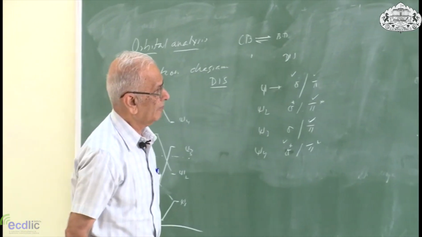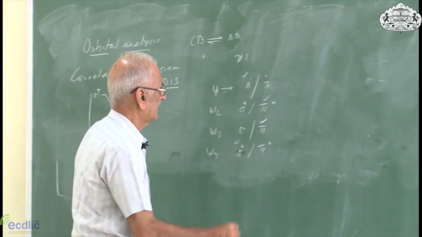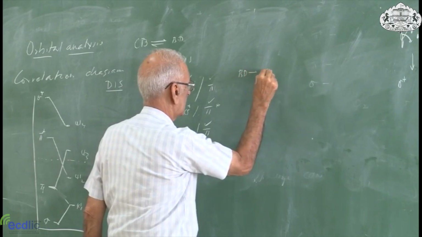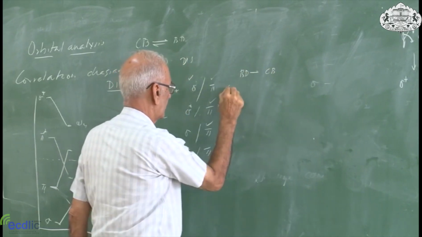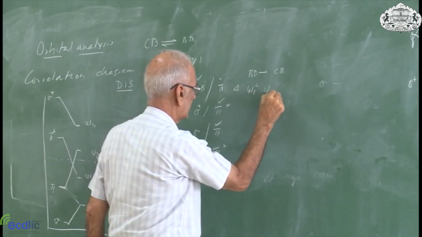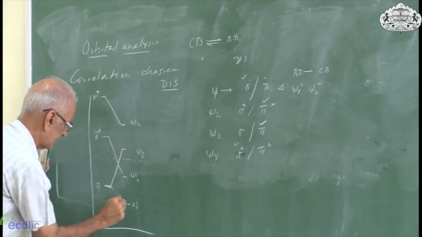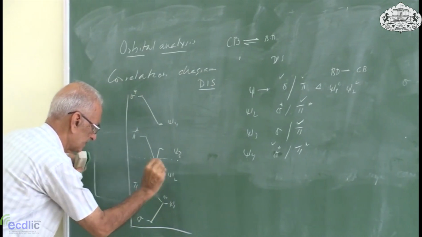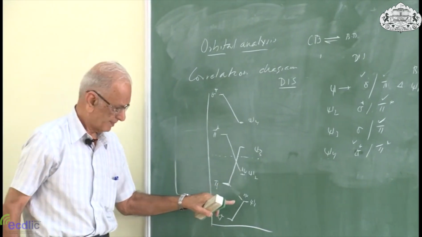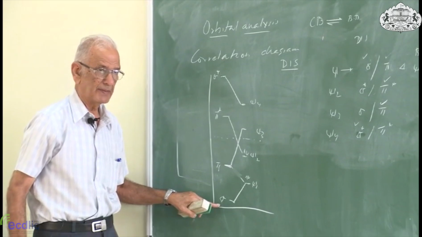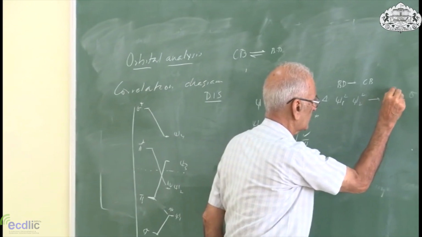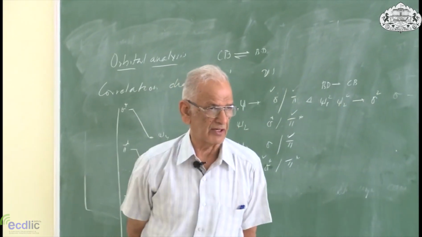What is the ground state of butadiene? In the ground state of butadiene, for the thermal reaction, 2 electrons in psi 1, 2 electrons in psi 2. Where do these psi 1 electrons go? Psi 1 electrons go into sigma. How many electrons? 2 electrons.